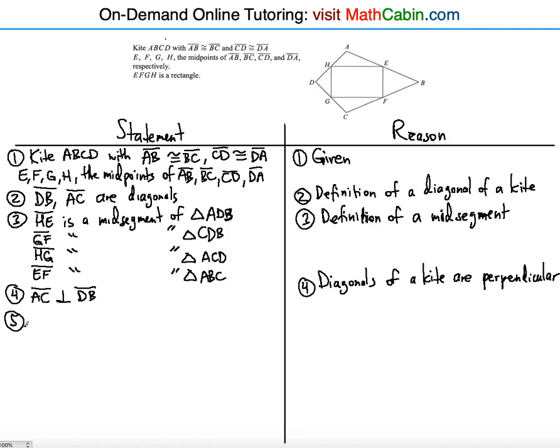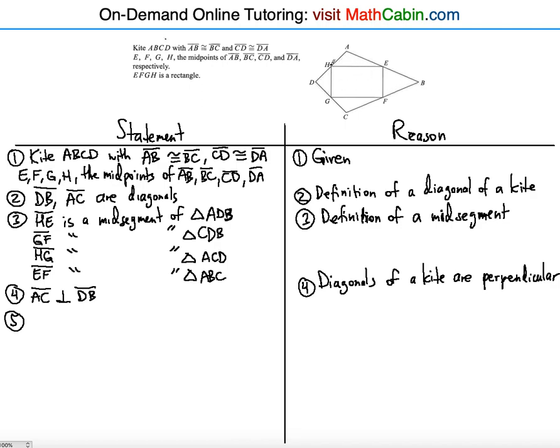Now the next step is to see that HE, so we're talking about mid-segments now, HE will be parallel to DB. As we've noted before, each mid-segment is parallel to the third side of the triangle that it represents.